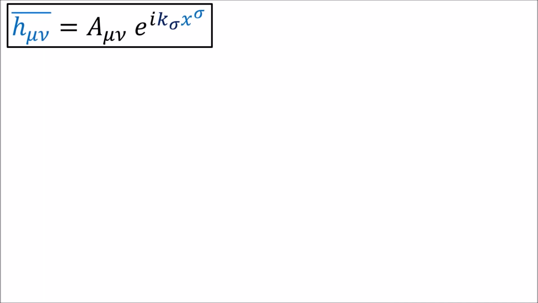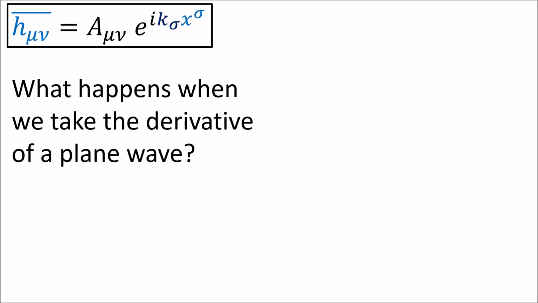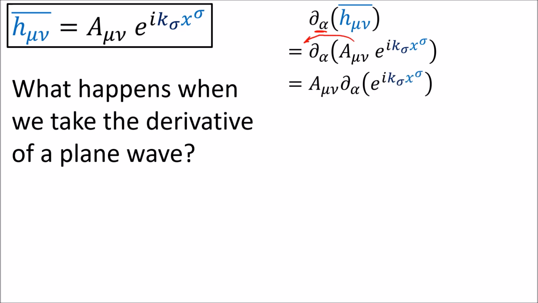To review waves a little more, let's recall what happens when we take the derivative of a plane wave in the alpha direction. Since the A amplitudes are constant, we take them out of the derivative. And since the derivative of an exponential is just itself, we leave it alone and just get a chain rule term on the end.